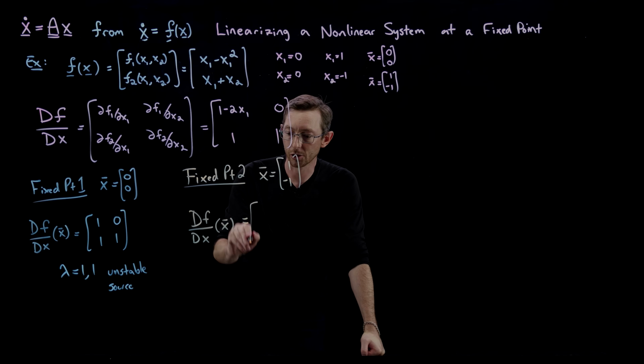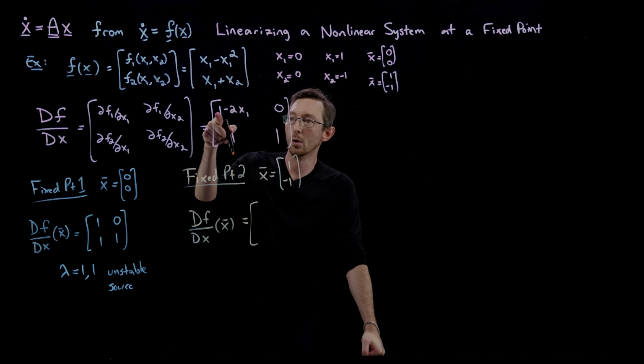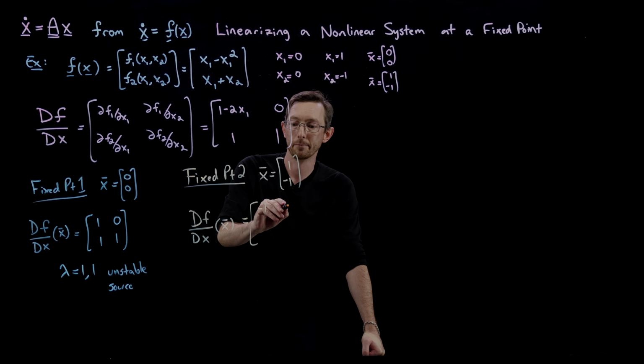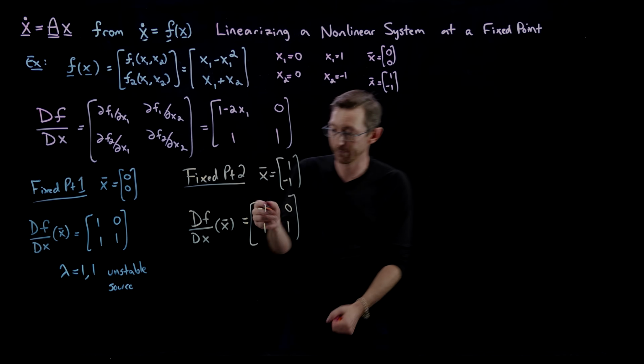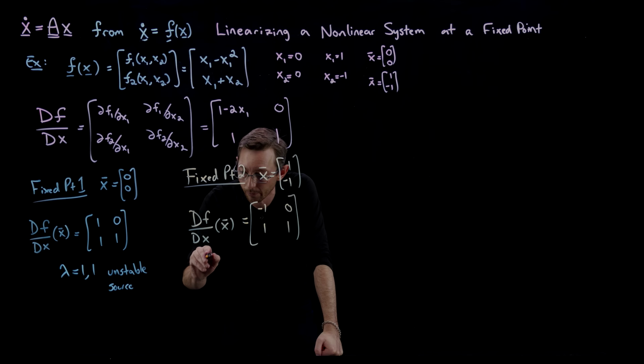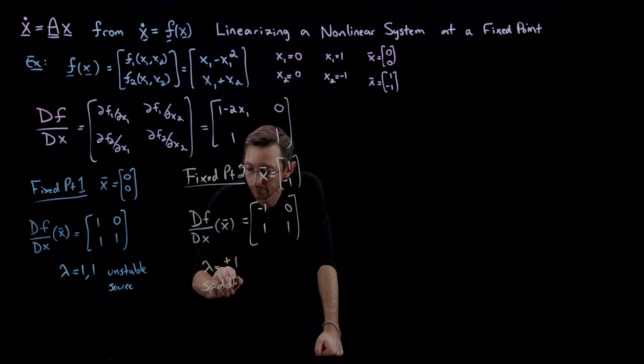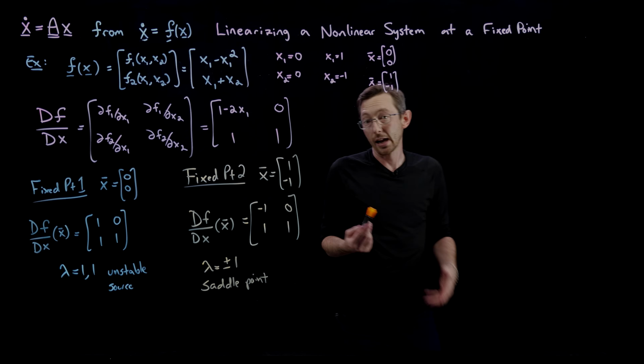So this Jacobian matrix is now 1 minus 2 is -1, 0, 1, 1. This is more interesting. Now my eigenvalues: one lambda is +1 and one lambda is -1. So this is a saddle point, okay? Which is kind of cool.